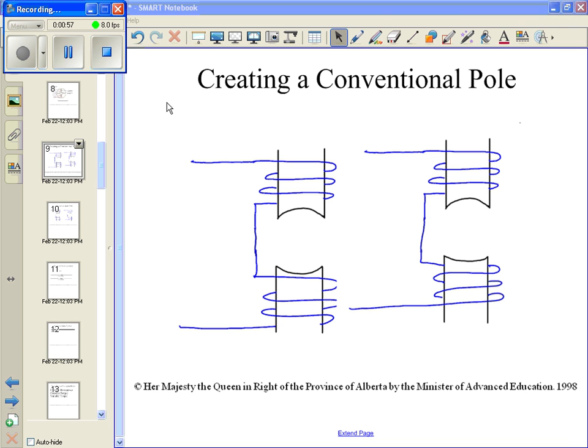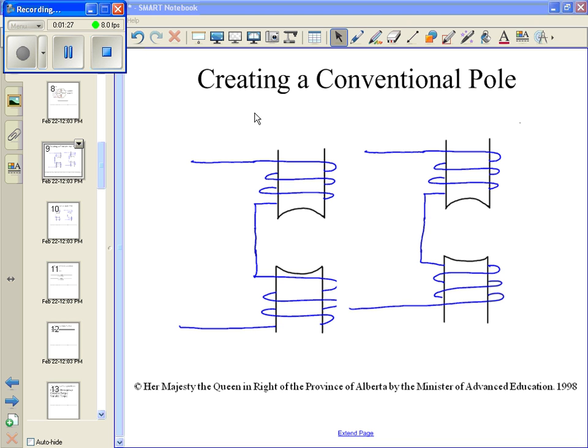If I was to give you an explanation as to what a conventional connection means, it really means that we're going to cause current to flow around each part of the winding. In this case, we're showing a winding here and a winding here. What we want to do is make it so that current is flowing the same direction around each winding.